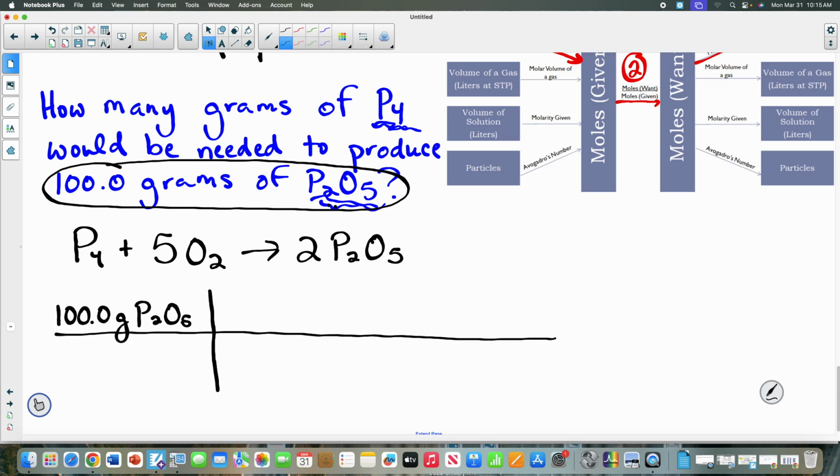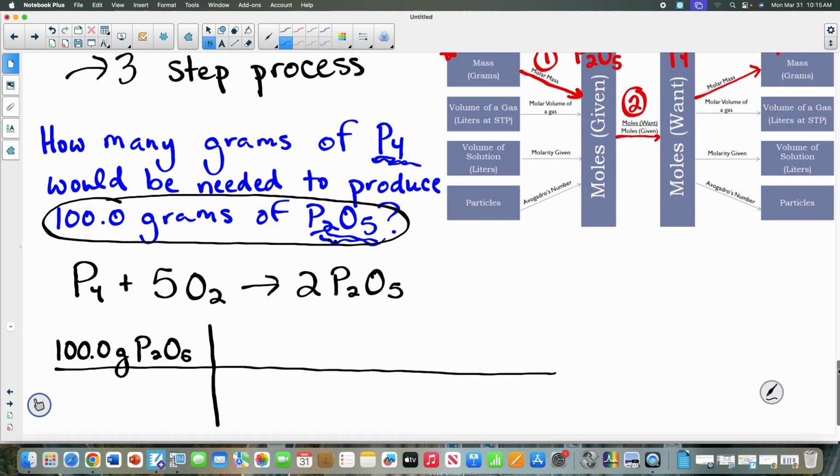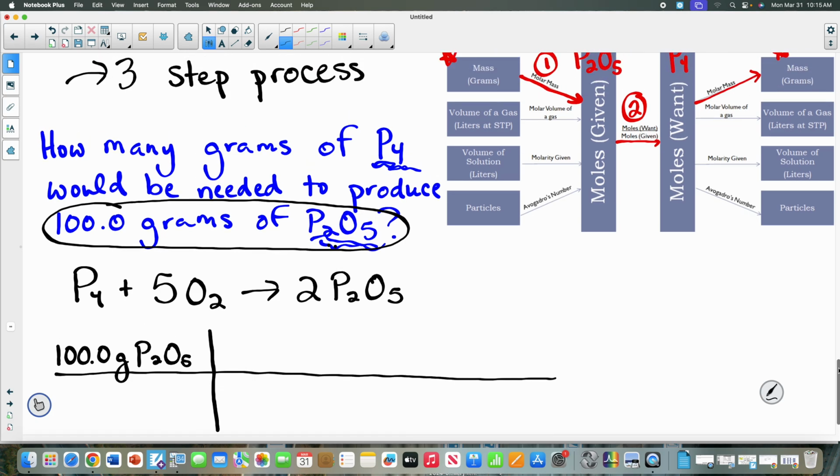Alright, so first step we need our molar mass of P2O5, right? God bless you. So we have 2 P's, which are 31 plus 5 times 16. 62 plus 80. I think it's 142.